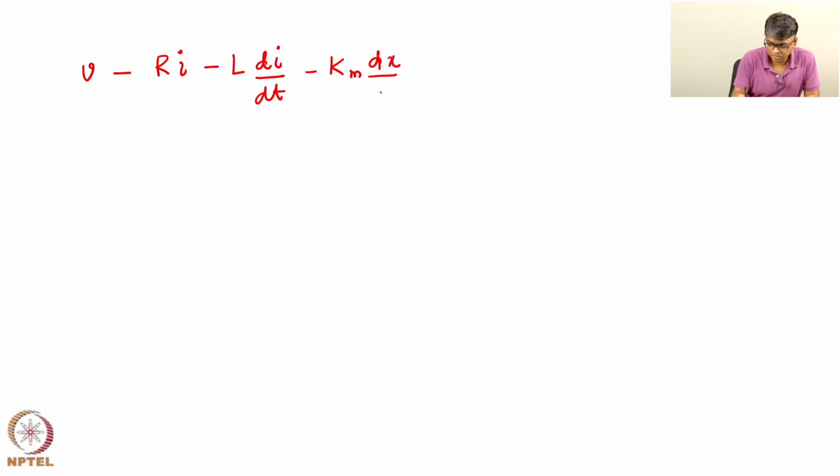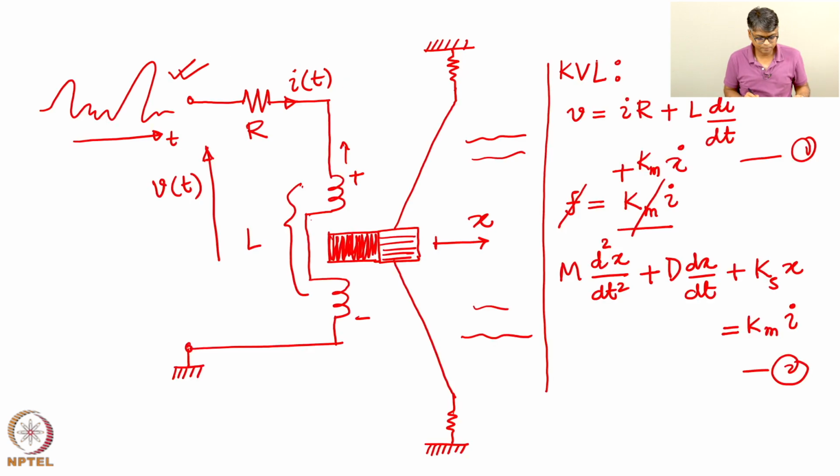We have V minus R I minus L di by dt minus Km dx by dt, that is equal to 0. That's my equation number 1, a rewritten form of equation 1.